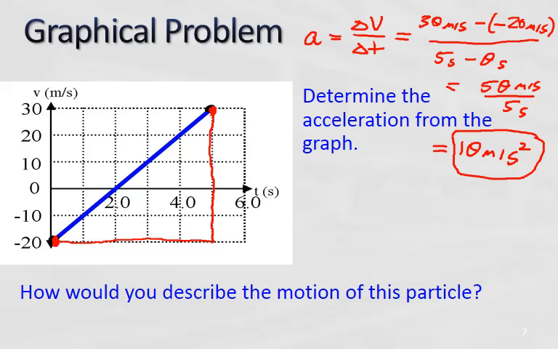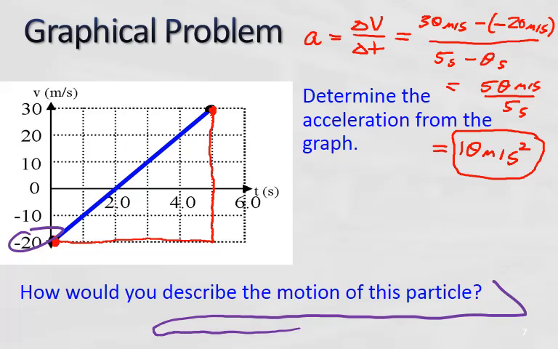The rise in this case would be positive 30 minus negative 20, so 50 over 5 seconds. If you did a smaller portion of the graph, that's fine too. And what's happening with the motion is it's starting out with a negative velocity. So this object is starting out going this way and then getting slower, coming to a stop, and then getting faster and faster and faster this way. Okay.